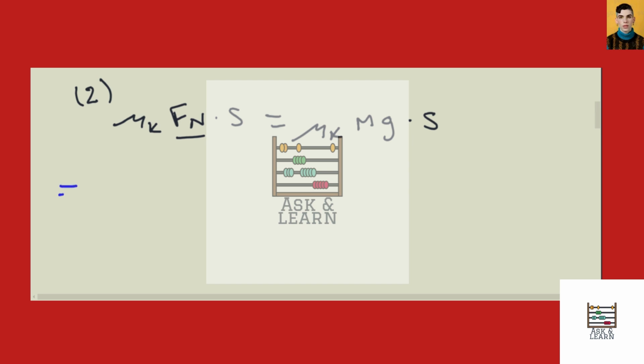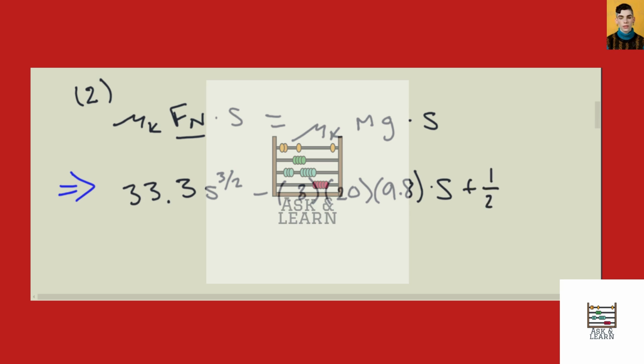At the same time, we can plug in some of the values that we know. First, we plug in the work due to the force that varies, 33.3 s to the 3 halves, minus the coefficient of kinetic friction, 0.3, times mass, 20 kilograms, gravity, 9.8, and then times s, plus we still have the initial kinetic energy, 1/2 m, which is 20 times 6 squared, and this is equal to the final kinetic energy, 1/2 times 20 times v2, which is 15 squared.